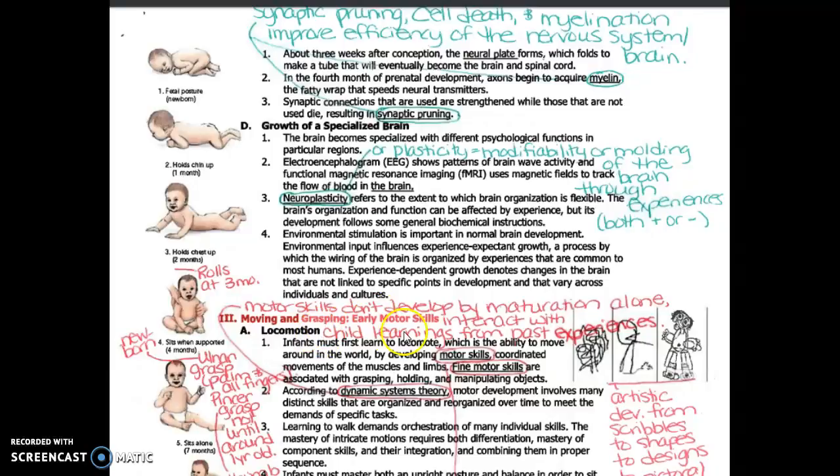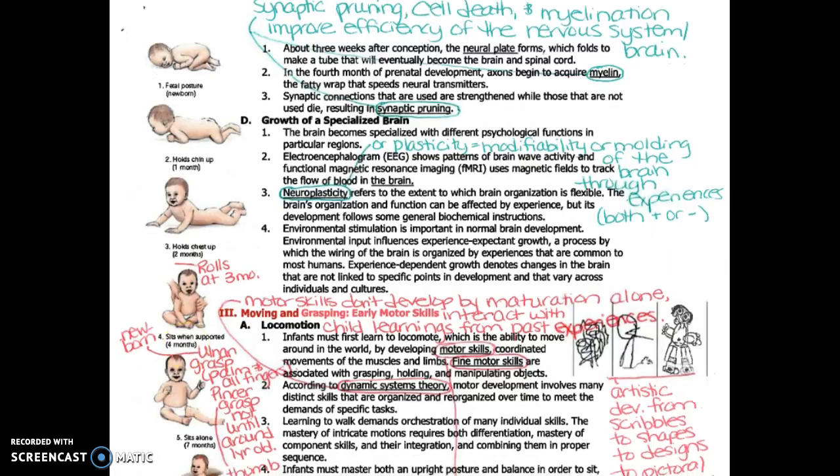So let's look at motor skills, so moving and grasping in early childhood and infancy. So you have this fetal position in newborns. Around 1 month old, they're going to be able to hold up their chin. They're going to be able to hold up their chest around 2 months. They're going to be able to sit when supported around 4 months.